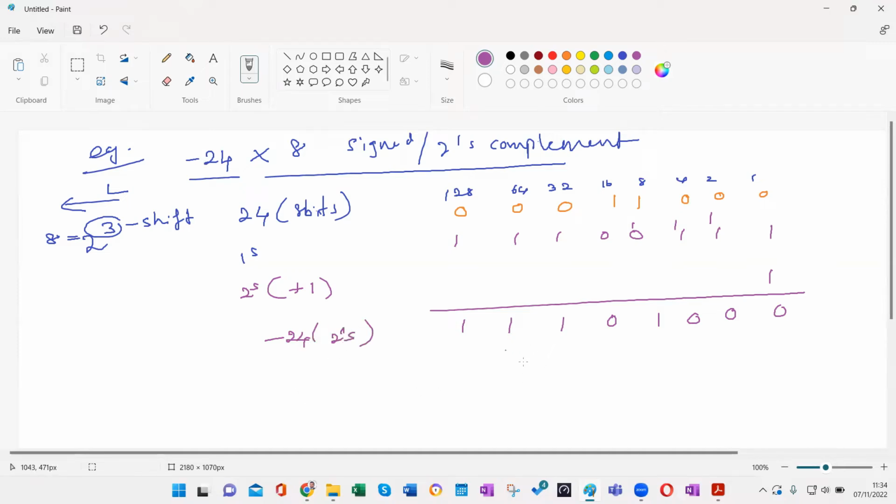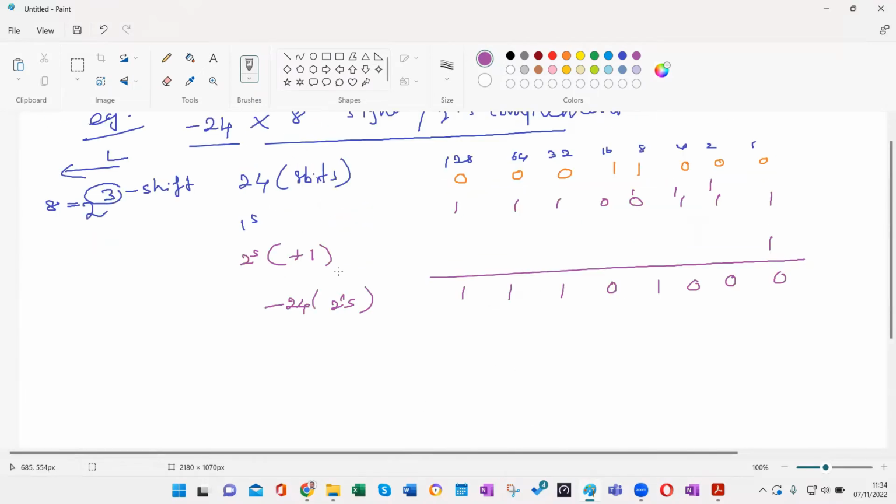This is supposed to be minus 24 in 2's complement. This is what we are going to shift, 3 places to the left. Now the shift. I'm going to write this number again: 1, 1, 1, 0, 1, 0, 0, 0. What you should not forget is that the most significant bit is reserved.